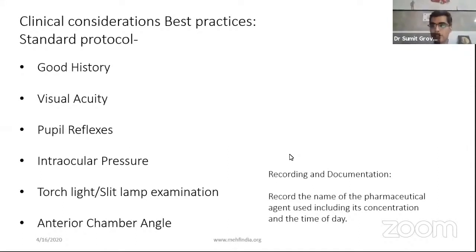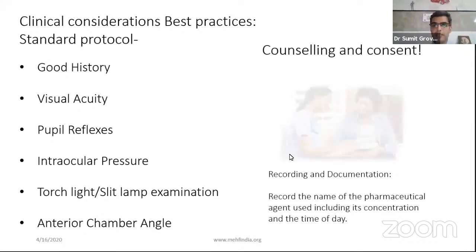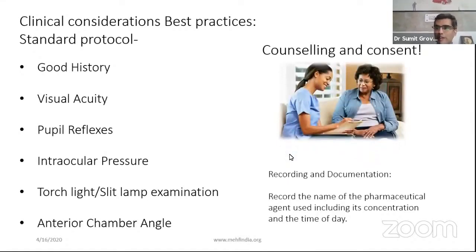Recording and documentation is very important. Record the name of the pharmaceutical agent used, including its concentration and time of day. Counseling and consent is very important. And always wear a smile on your face when you are counseling and taking consent.